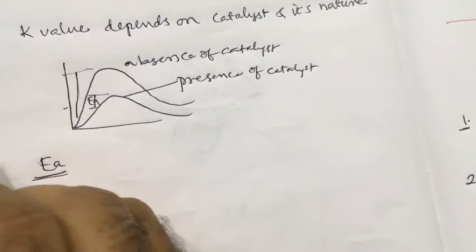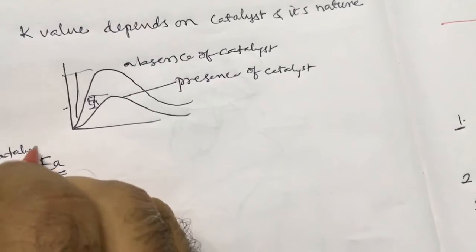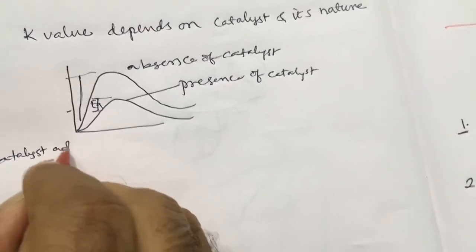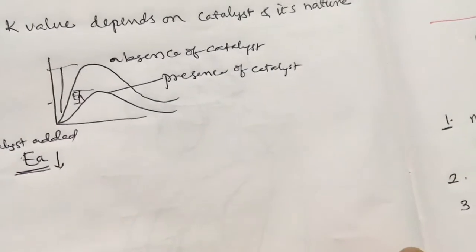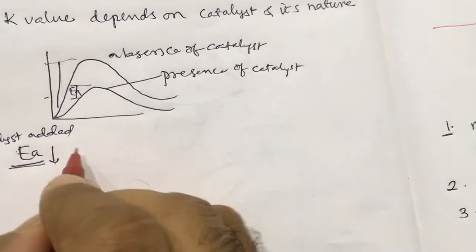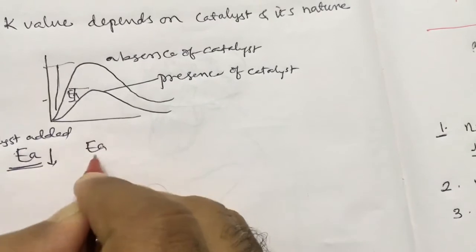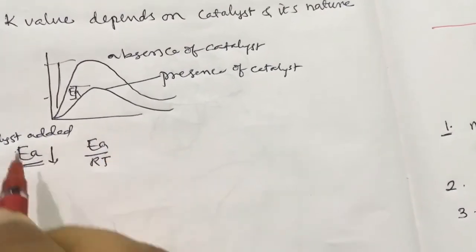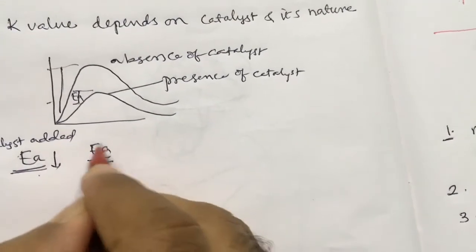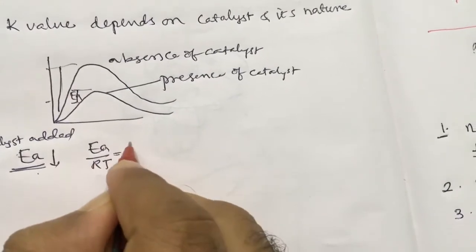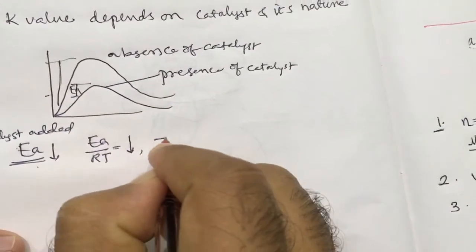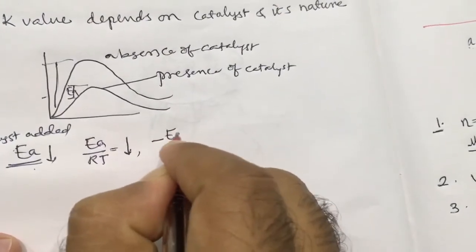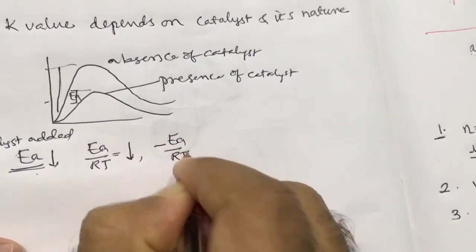So when you add a catalyst to the reaction mixture, the activation energy decreases. When the activation energy decreases, take the value Ea by RT: the numerator decreases, so the resulting value also decreases. Now take the negative sign present in the formula, minus Ea by RT.